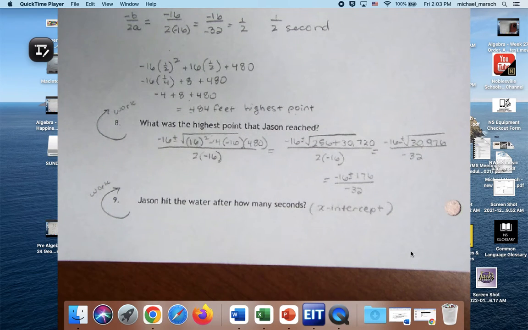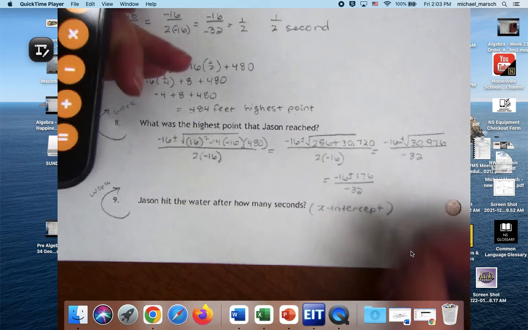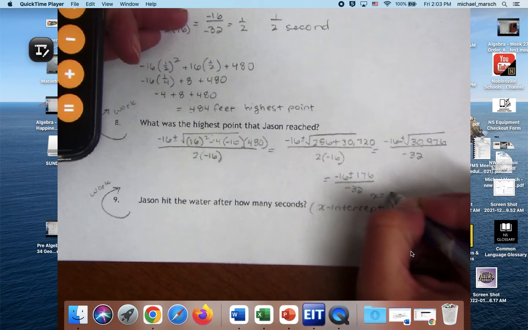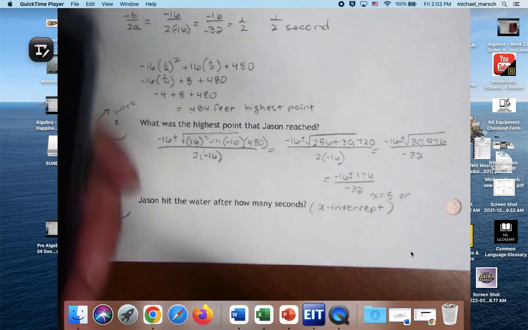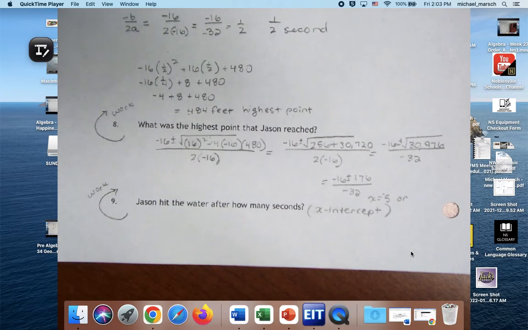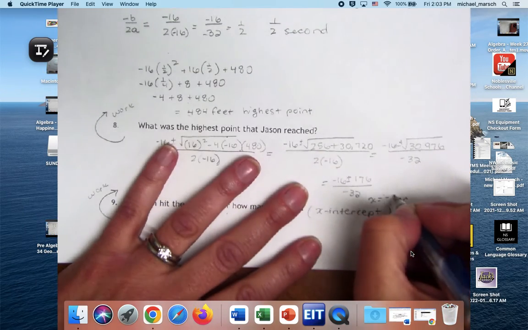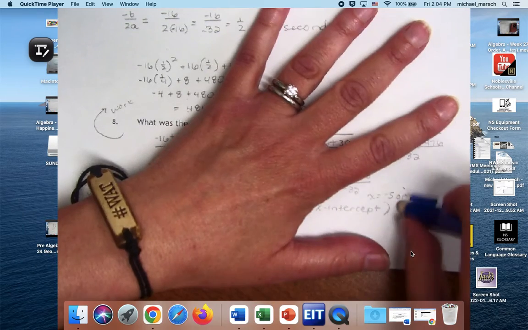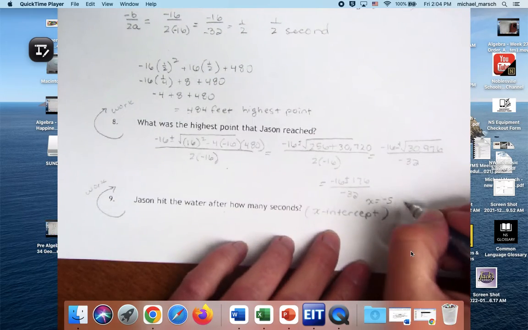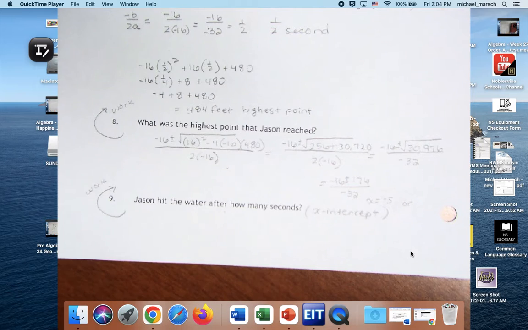So if I do 176, I get 160 divided by 32 negative. So I can get x equals 5 or excuse me, negative 5. Is that going to be my answer? No, why not? You can't have a negative time for doing something, right? Let's see here.